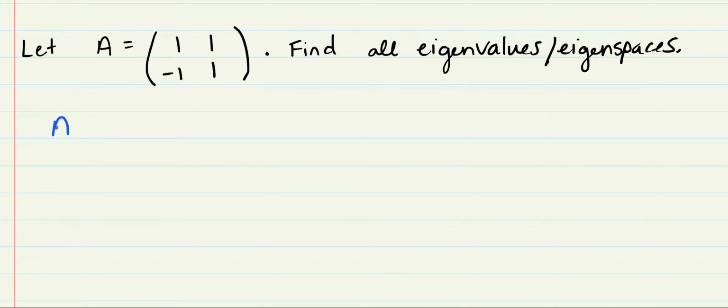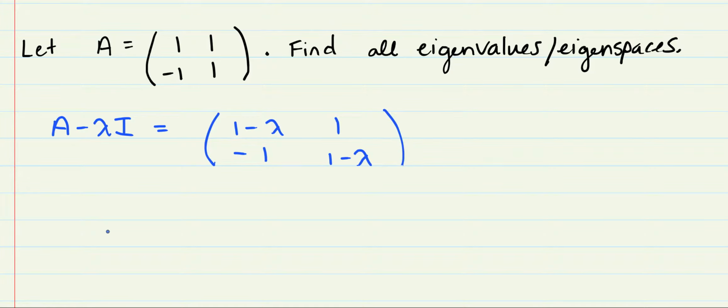Well, we need to find the matrix A minus lambda I, where I is the 2 by 2 identity matrix. This is 1 minus lambda, 1, negative 1, 1 minus lambda. And then we need to take the determinant of this matrix.